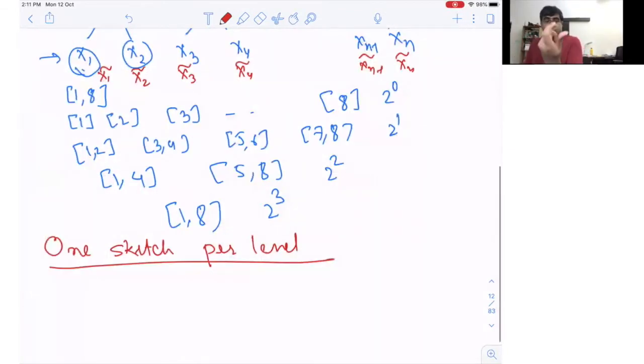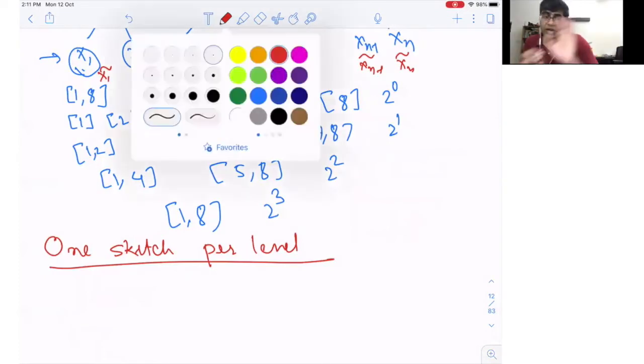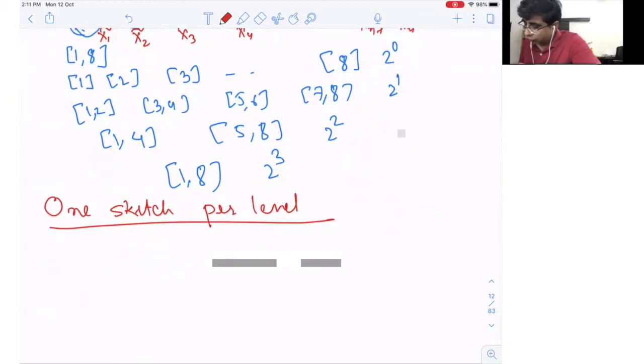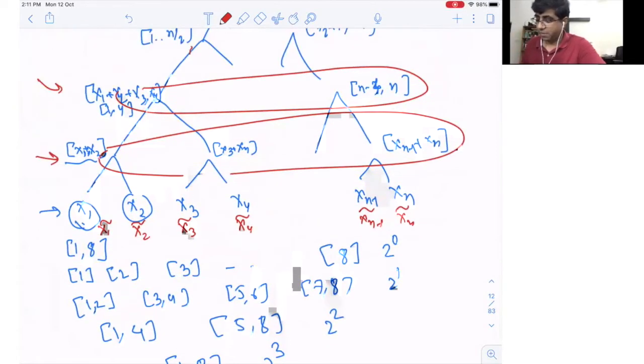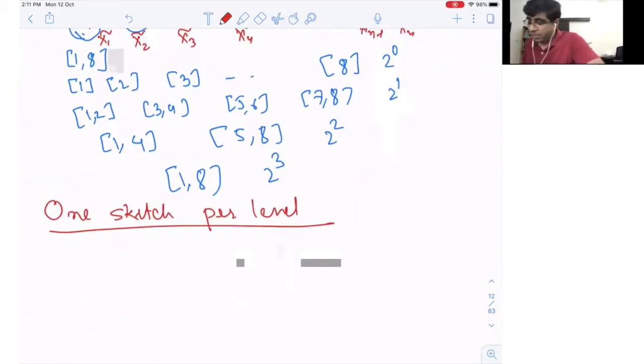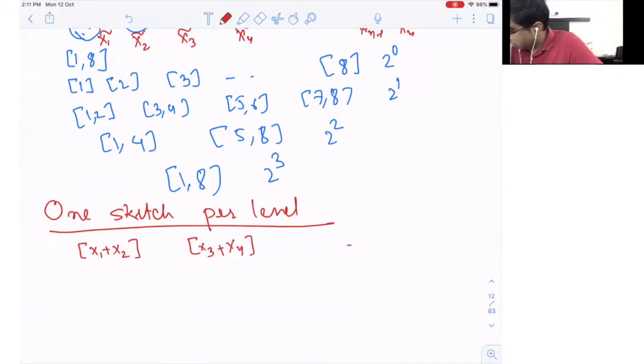Okay, now what will the sketch here store? What will it give me an estimate for? Forget about implementation at this point of time. The leaf level gives me an estimate for x1 to xn, with tilde. But at the second level, I will ask it for an estimate for x1 plus x2. Next, I will ask it for an estimate for x3 plus x4, and so on up to xn minus 1 plus xn.